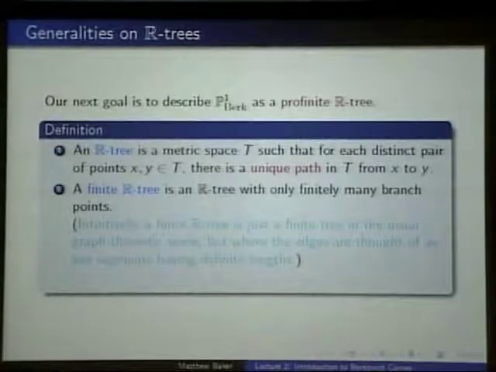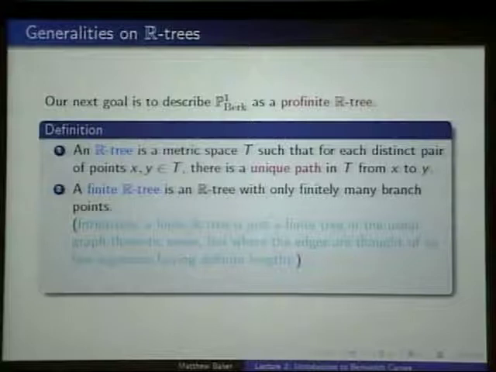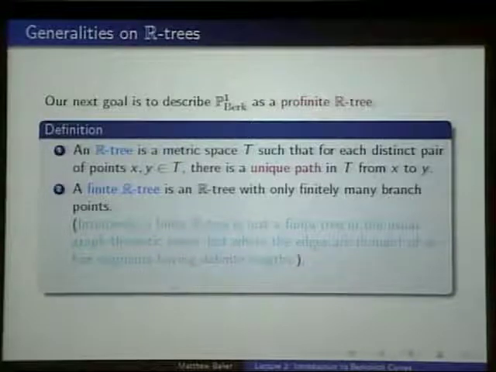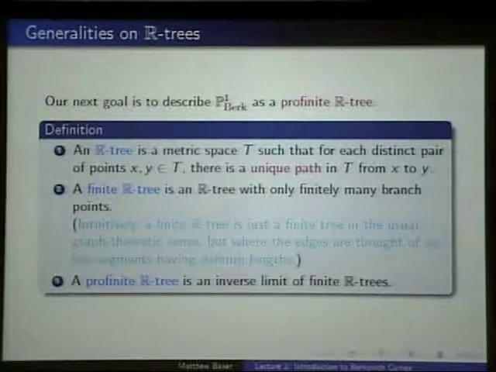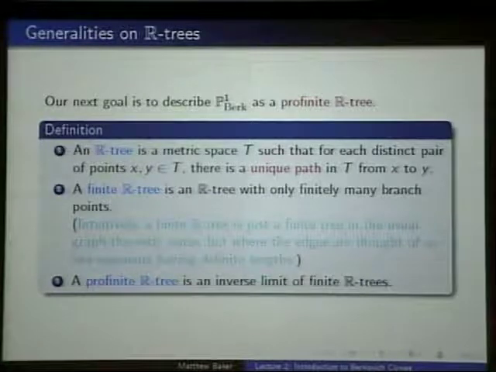And so that's an example. That's called the geometric realization of this combinatorial tree. And that's an example of an infinite R tree, which was locally finite. A profinite R tree will be an inverse limit of finite R trees with respect to some inverse system.